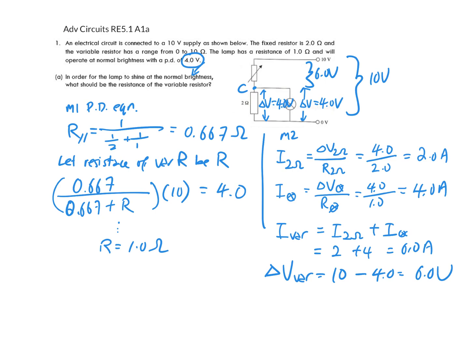So finally, by using Ohm's law, the resistance of the variable resistor can therefore be determined. This will be just the voltage across the variable resistor divided by the current through the variable resistor, and we should get 6 volts divided by 6 amperes, and this should get us 1 ohm, the same answer.